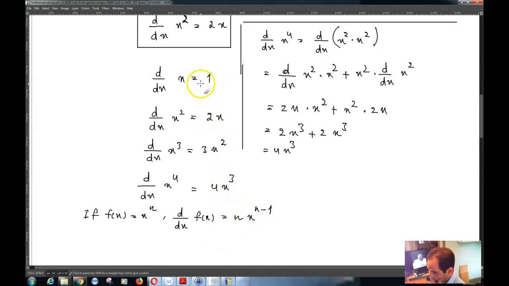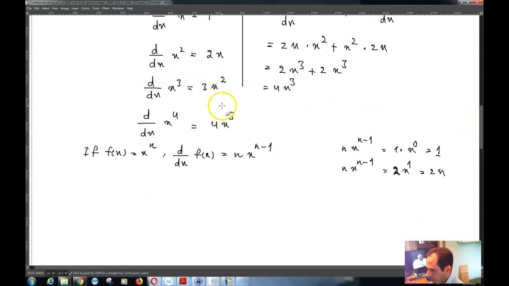You see, using this formula, in this case n times x raised to the power n minus 1 is 1 times x raised to the power 1 minus 1, which is x to the 0, which is equal to 1. Same number that we got over here. In the case of this equation, n times x raised to the power n minus 1 is 2 times x raised to the power 2 minus 1, which is equal to 2x, the same number.